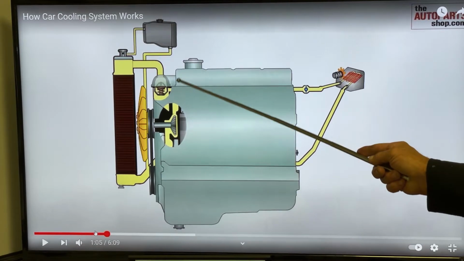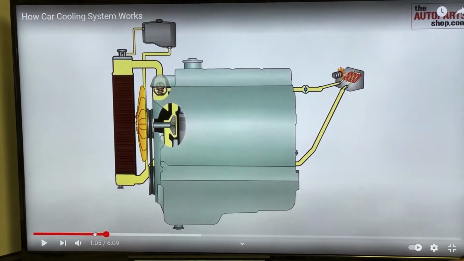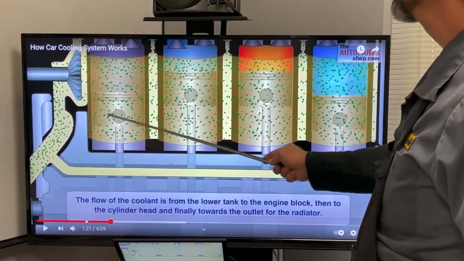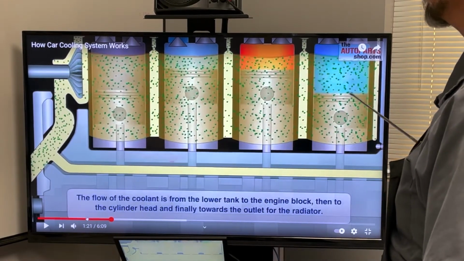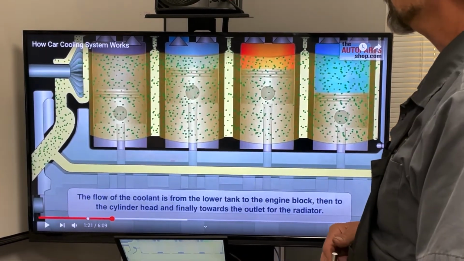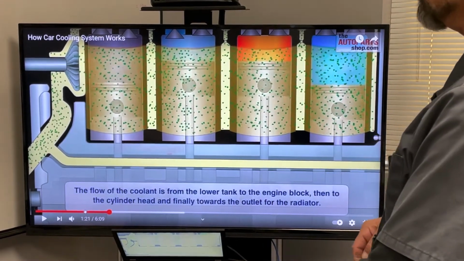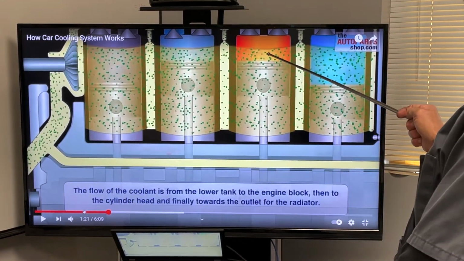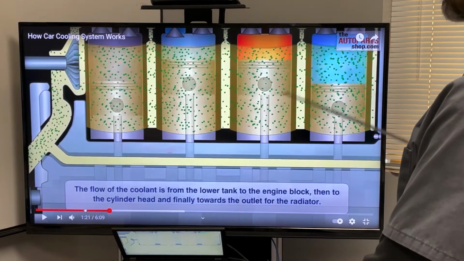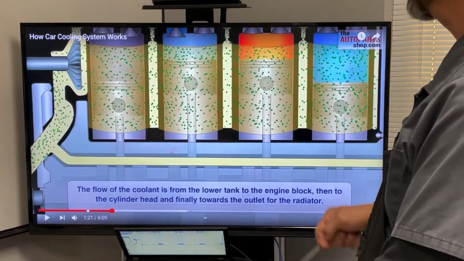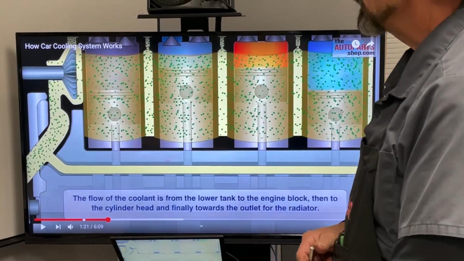Again, it is not reliant on the thermostat. You can see the coolant going to the water jackets through here. It's pretty self-explanatory, as you see the water jackets and the coolant pulling heat away from each of the cylinders. This one's under fire, this one's under suction, this one's on exhaust. We'll go through the 4 cycles at another time.